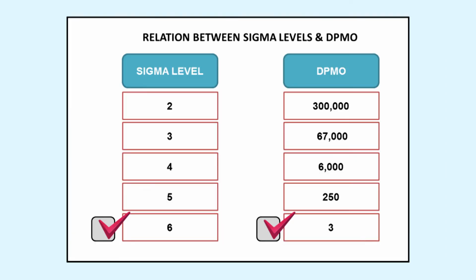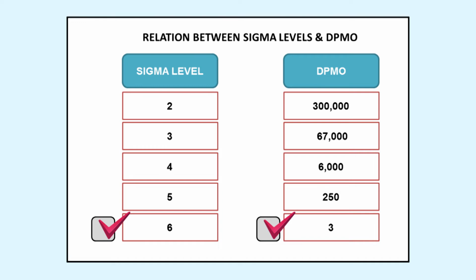Relation between sigma levels and DPMO. Sigma level 2 indicates DPMO of 3 lakhs. Sigma level 3 indicates DPMO of 67,000.